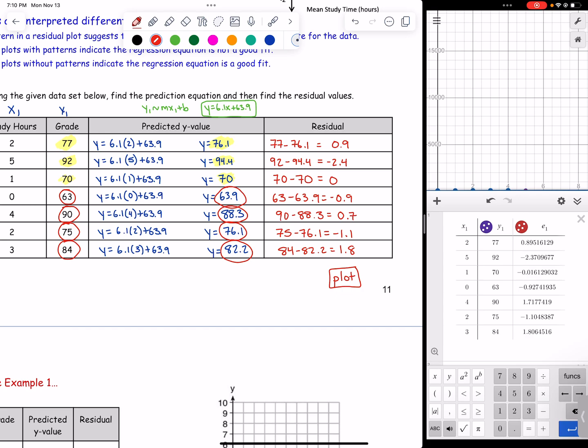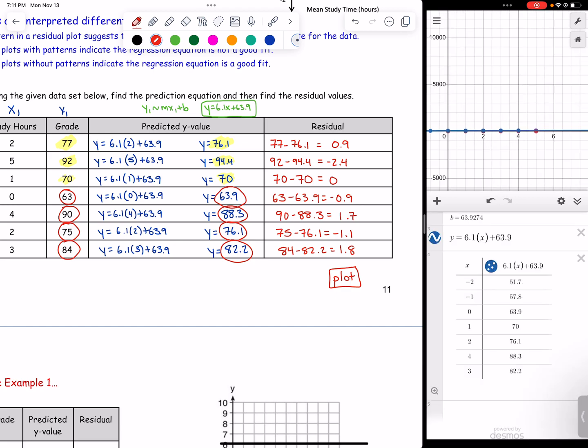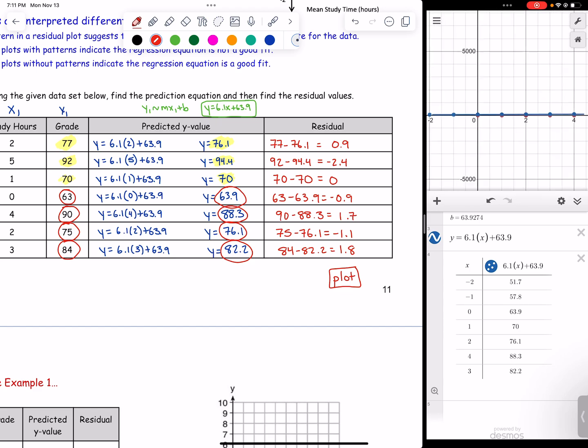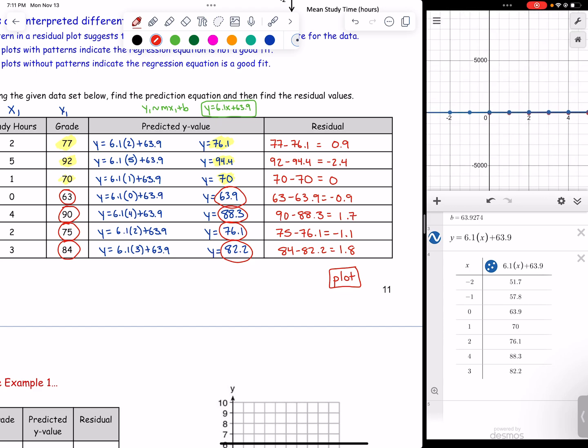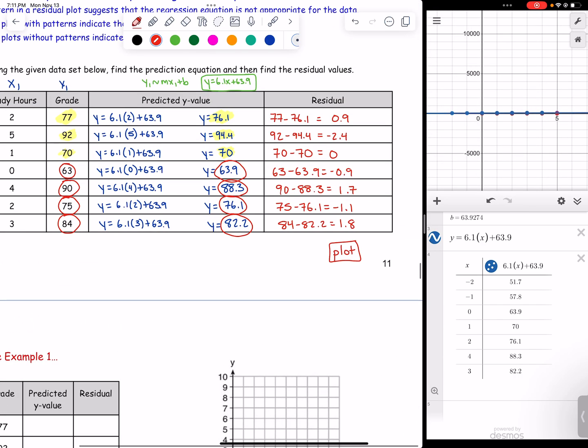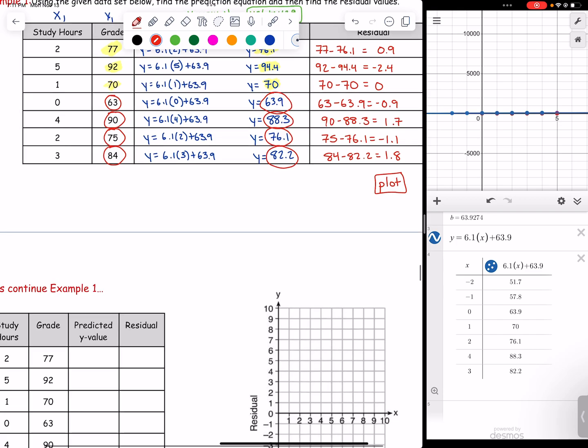So actually, I think I missed a number, which is also good to check my work. I needed a 1.7, and I think the rest look good. Desmos actually also plots these values for you right there on the x-axis. I think on the next example, we're going to plot it on our paper. So let's go to the next page.